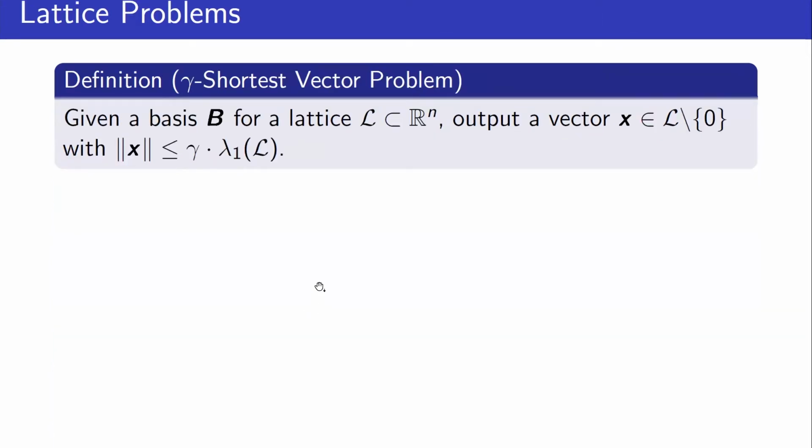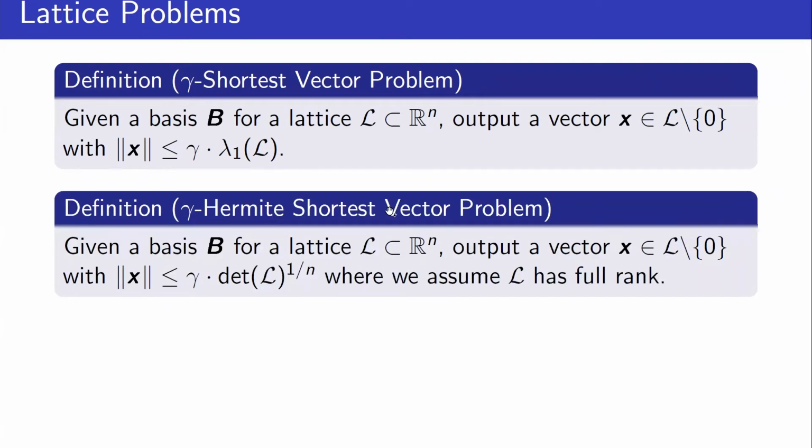The problems that we are interested in, the first one is the approximate shortest vector problem. Essentially, it says that given a lattice, we want to find a non-zero lattice vector whose length is upper bounded by gamma times the shortest vector length.